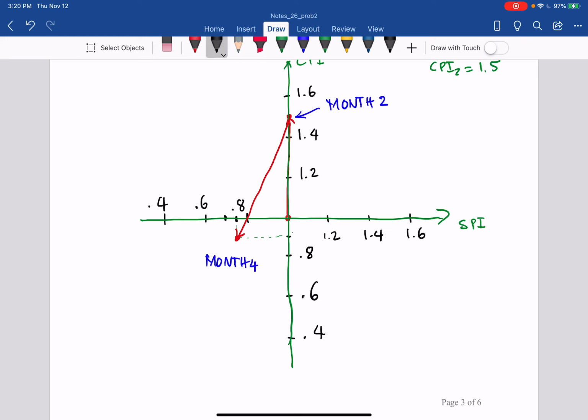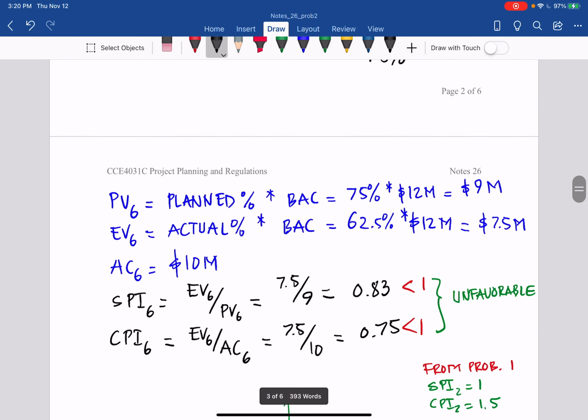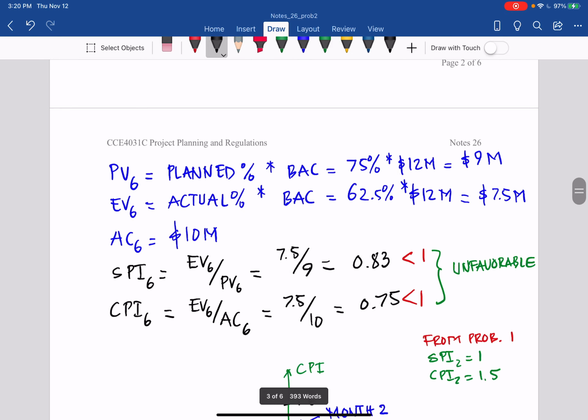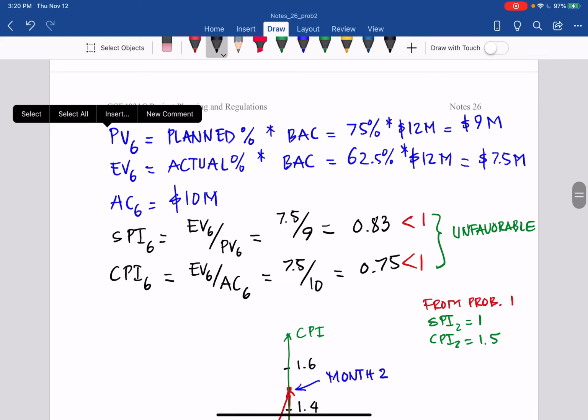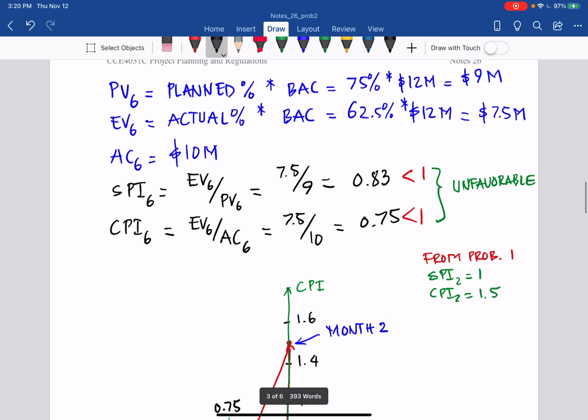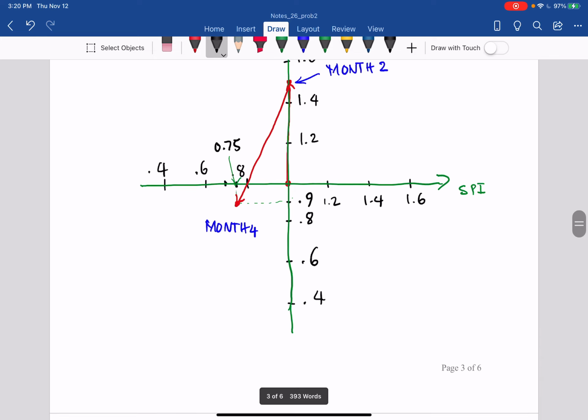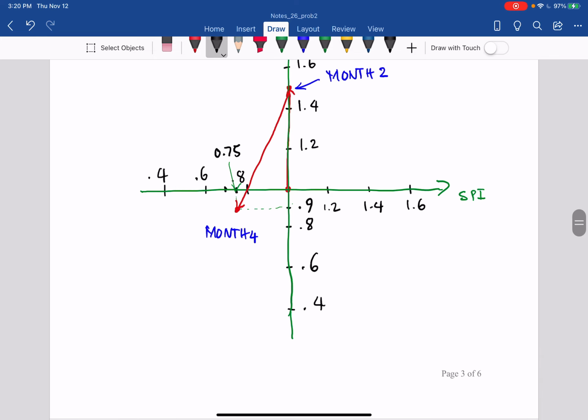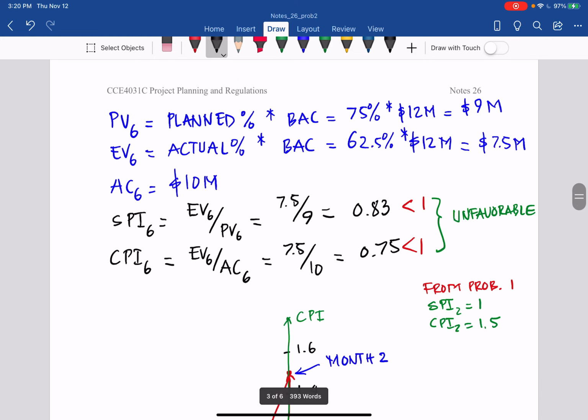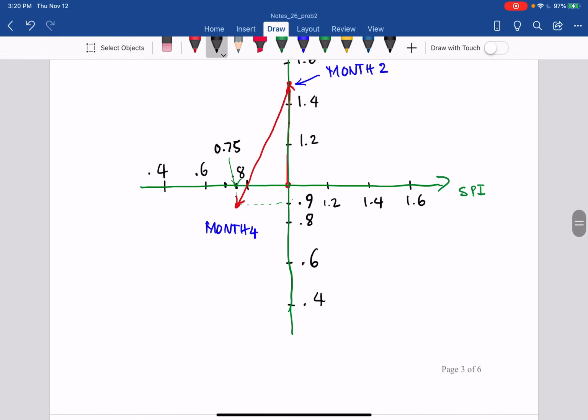We have 0.75 for the SPI and 0.9 for the CPI at month 4. And then month 6, SPI 0.83 and CPI 0.75.